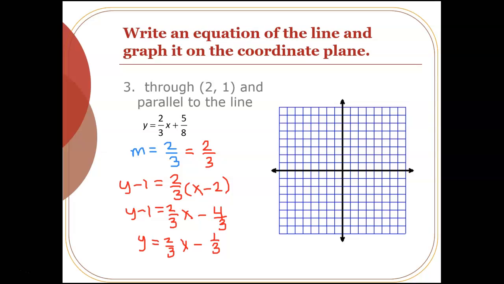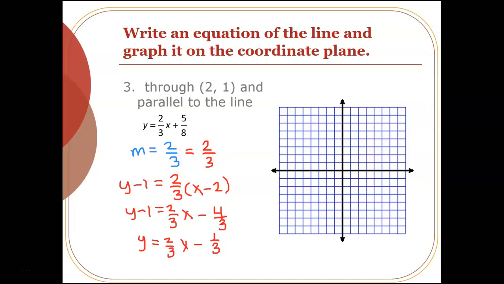And again, if you're going to graph these, you're going to want to try to find an intercept that is nice and not a third. So again, if I plug in the number 1, 2/3 minus 1/3 is 1/3. Doesn't help a whole lot.